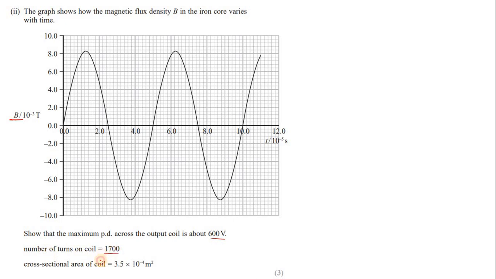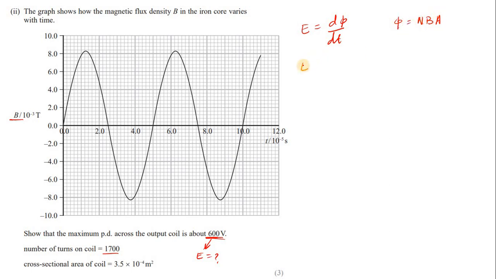The number of turns on the coil is 1700. The cross-sectional area is given. So you need to find the output voltage. That means this is basically the induced EMF that you need to find. According to Faraday, EMF is d phi by dt, and this phi is flux linkage, NBA.